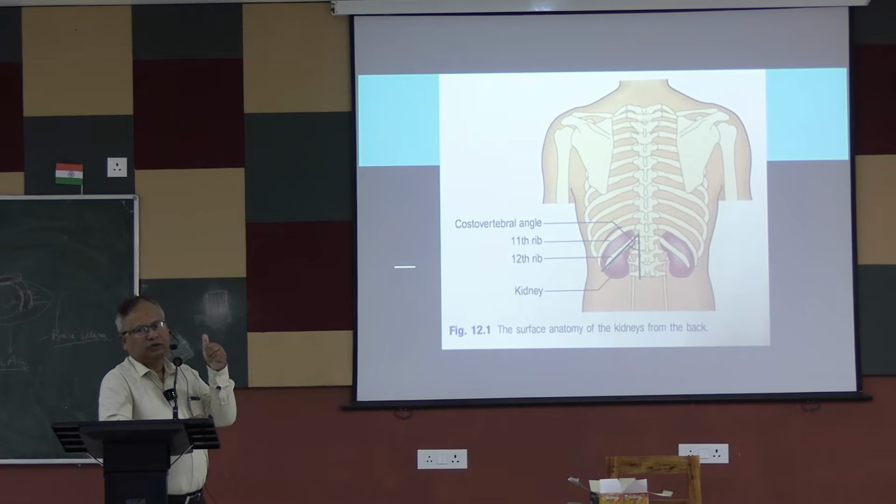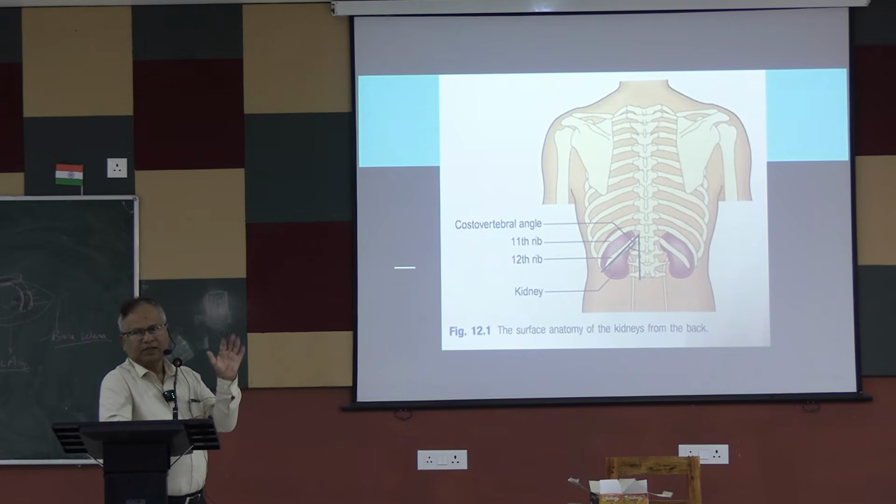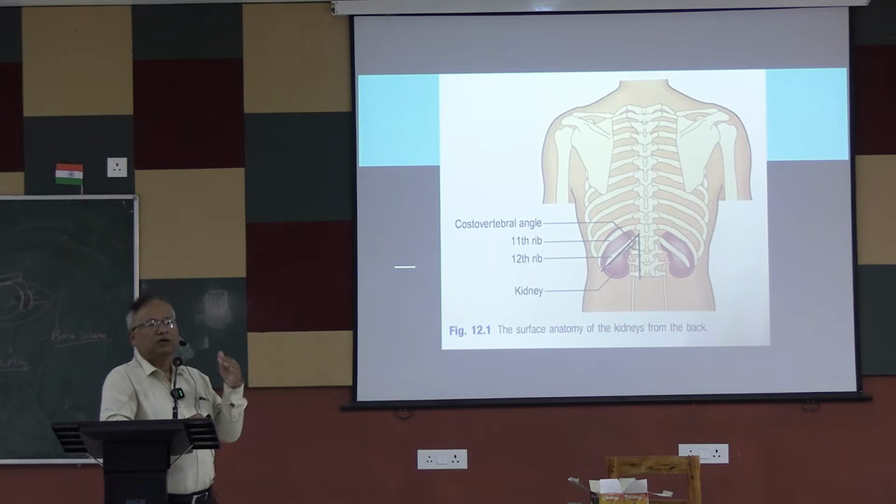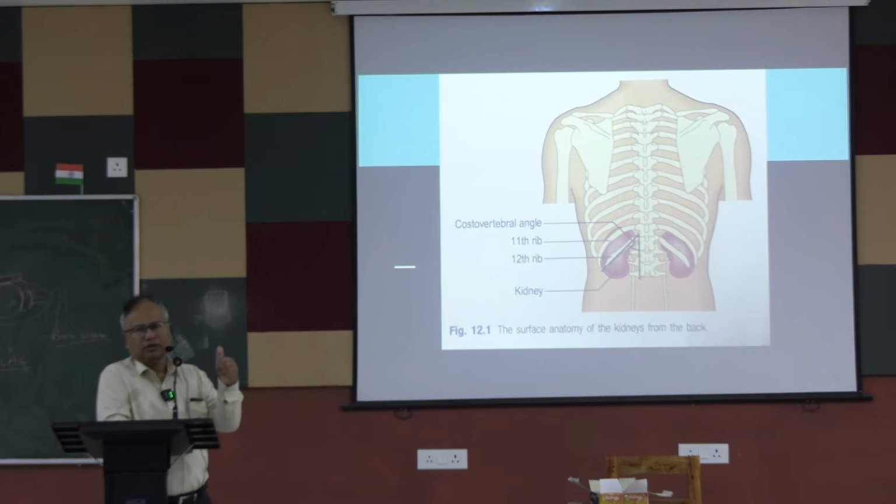If you push with your thumb, you can elicit a painful sensation if the kidney is diseased. Suppose there is a pyelonephritis or some renal cell carcinoma or some acute renal abscess, then you can definitely elicit a painful sensation by pressing in this point, that is the renal point.